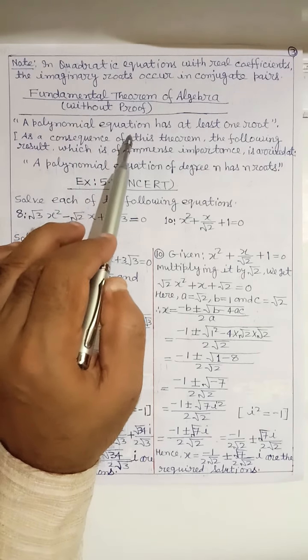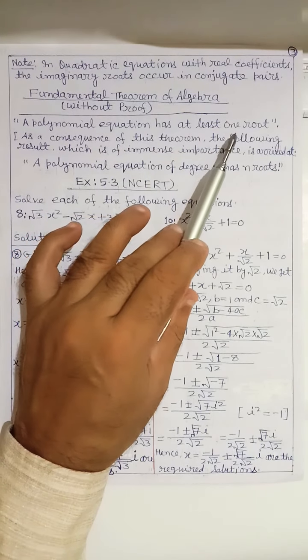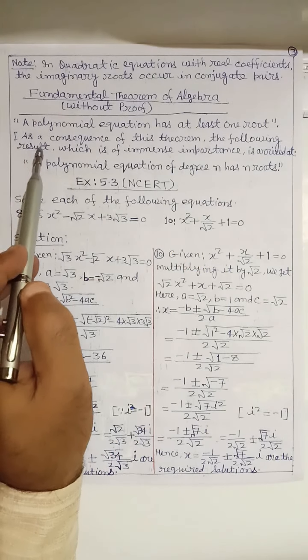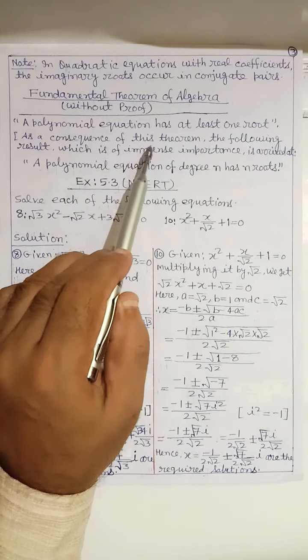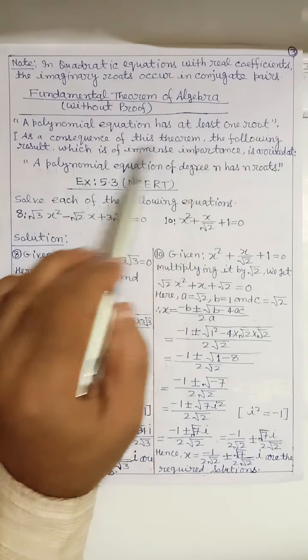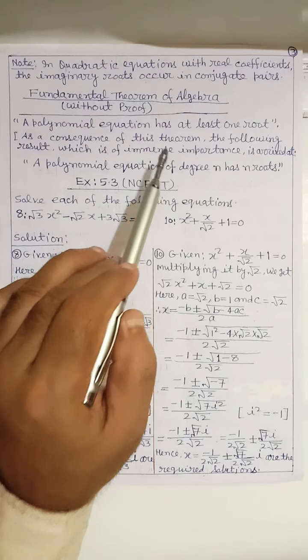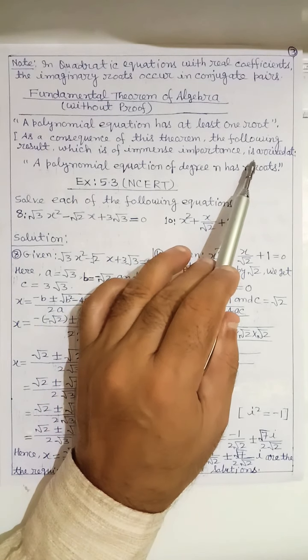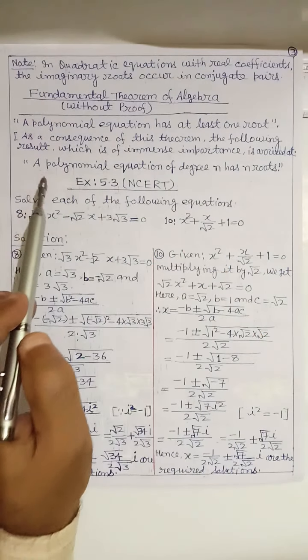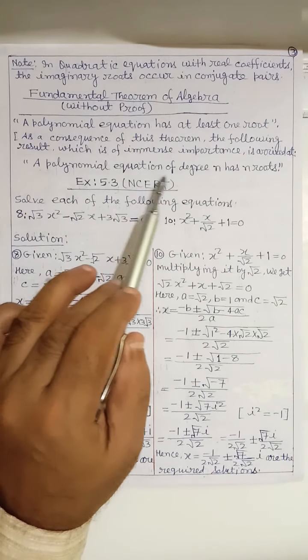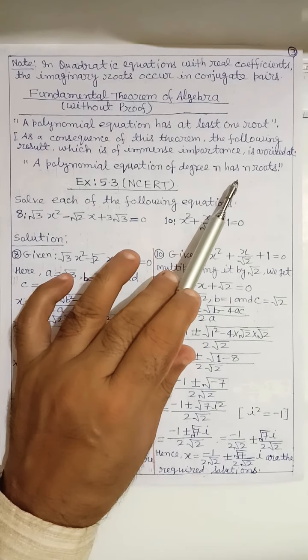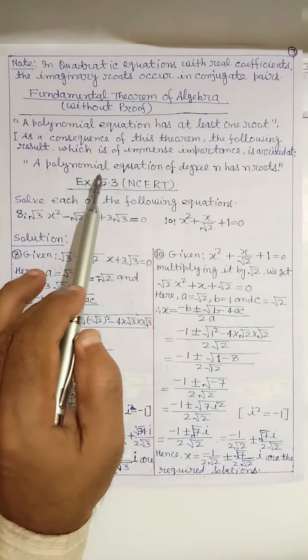A polynomial equation has at least one root. As a consequence of this theorem, the following result, which is of immense importance, is arrived at: a polynomial equation of degree n has n roots.